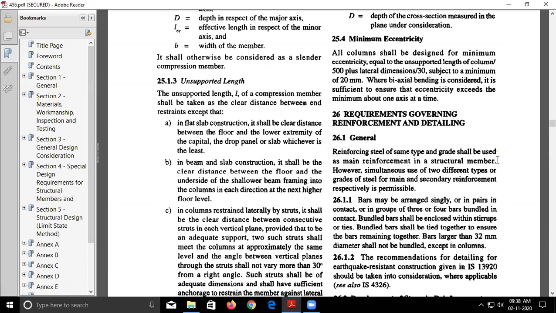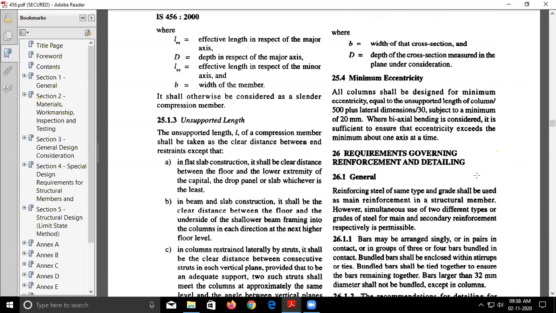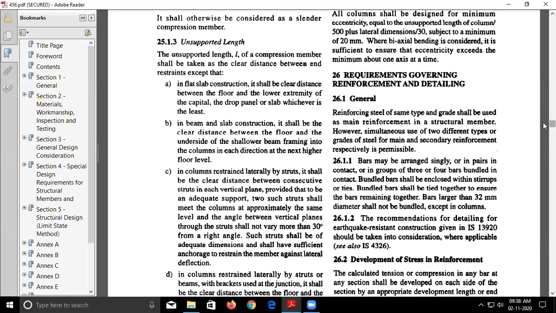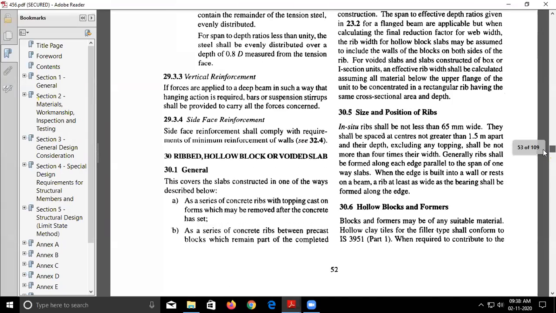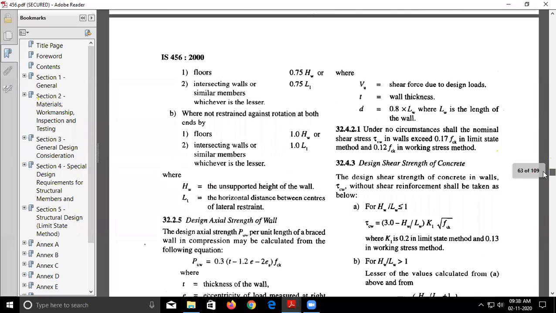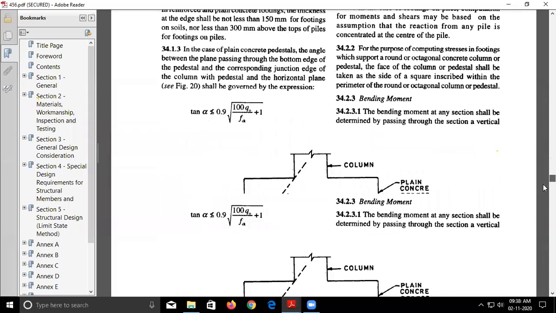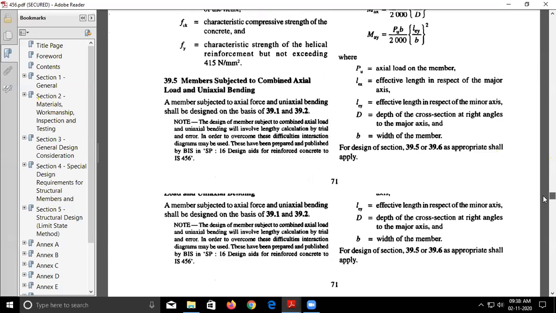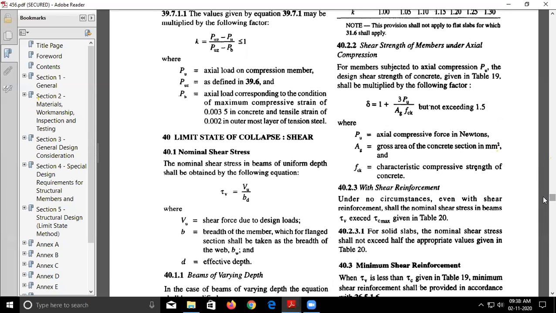The table you can find on table 19, I think page 73 it is. So you won't find everything at the same place. Limit state of collapse shear.